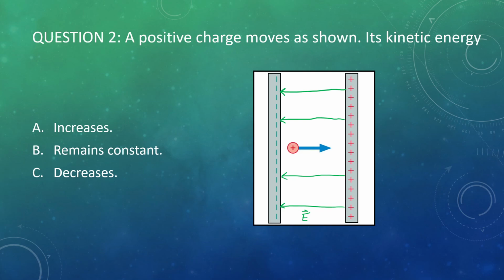So if it's gaining electric potential energy, energy has to be conserved. So if it's gaining one type of energy, it must be losing another. It is losing its kinetic energy, or slowing down. So that makes sense. Basically, just think of throwing an object upward against the waterfall. It's going to slow down and then get pushed back down on its own. So the answer is C in this one.